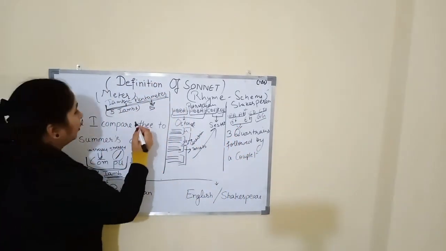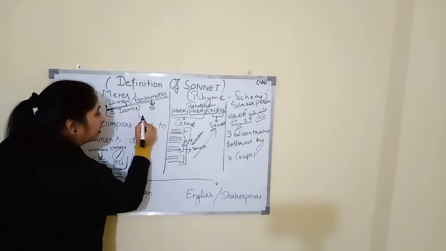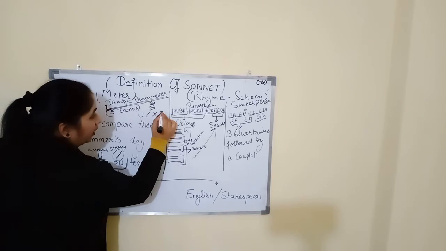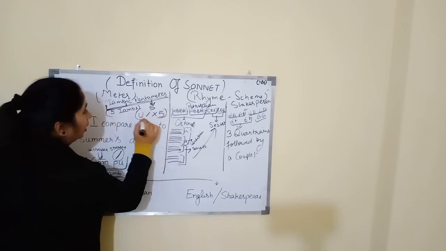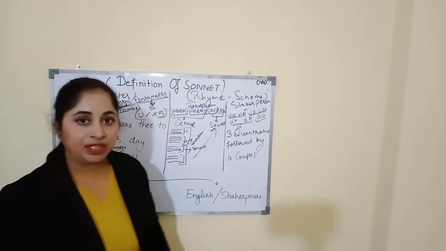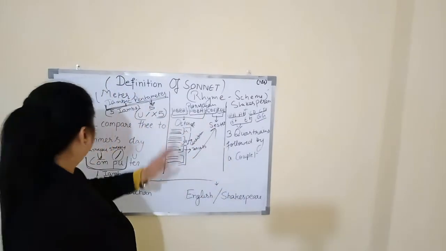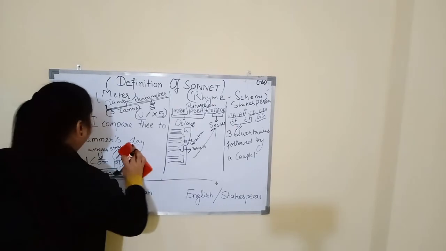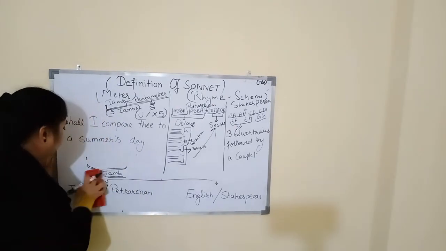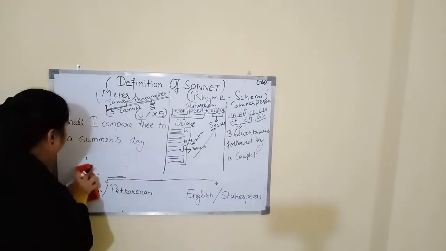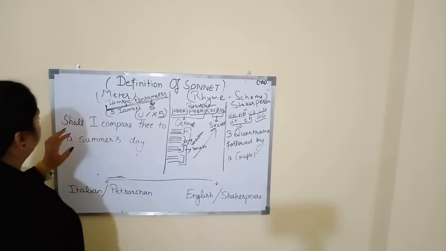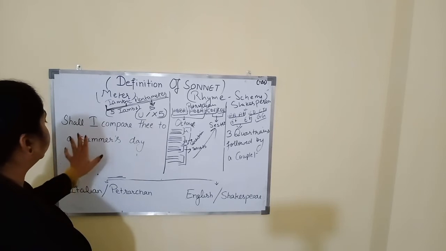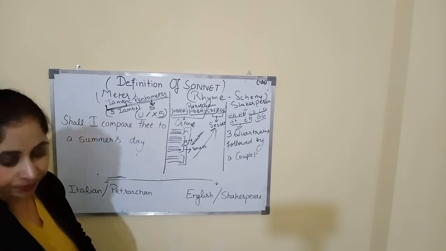So what will the formula be? Unstressed, stressed into 5 is called iambic pentameter, right? Now, there is this line I have written, which is, shall I compare thee to a summer's day? Let's see.